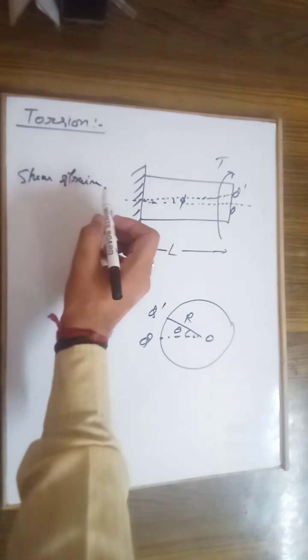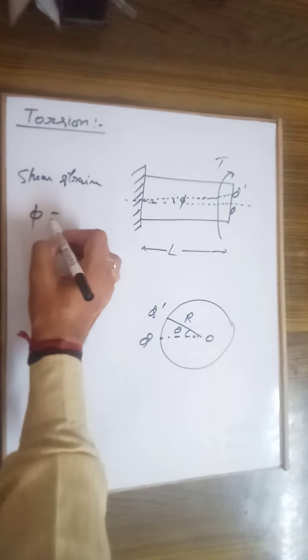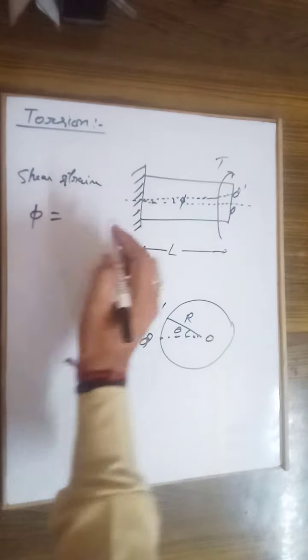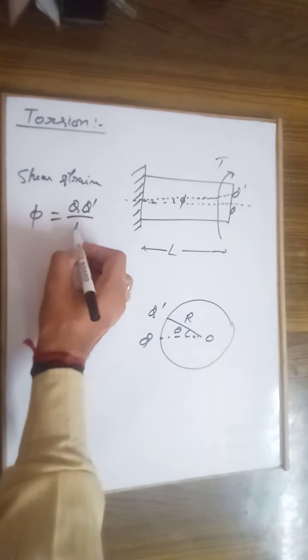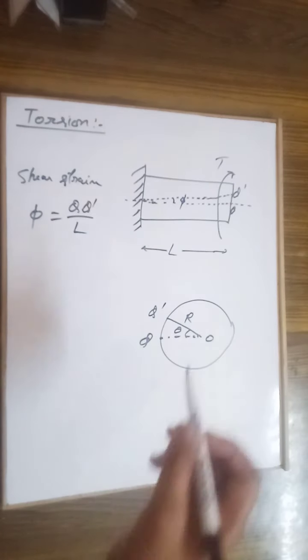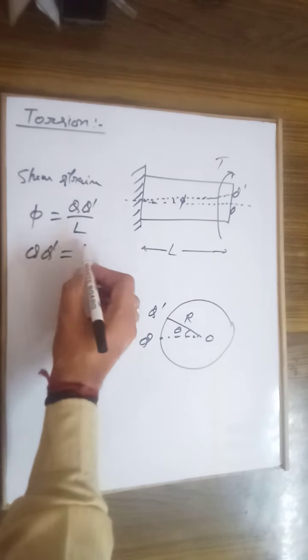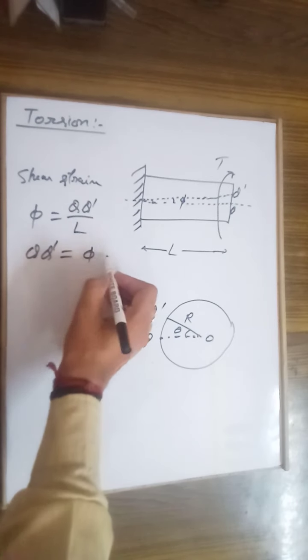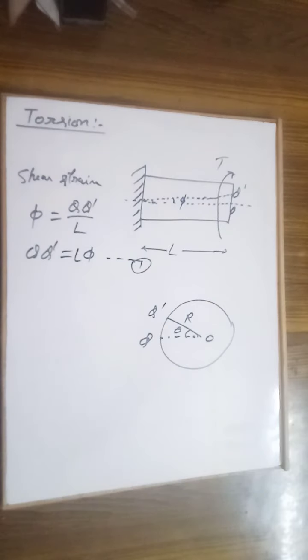So what will be the shear strain? That is phi. Phi equals q dash over the length L. So we can say q dash equals L phi. This is our equation number 1.